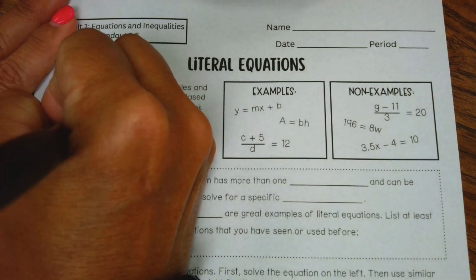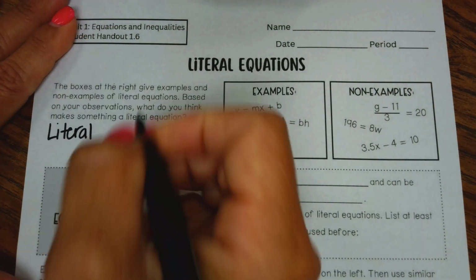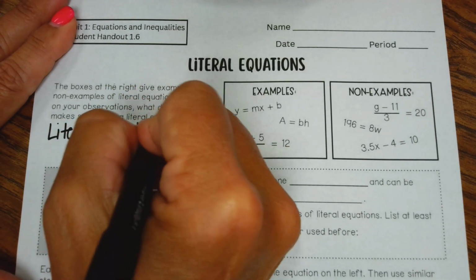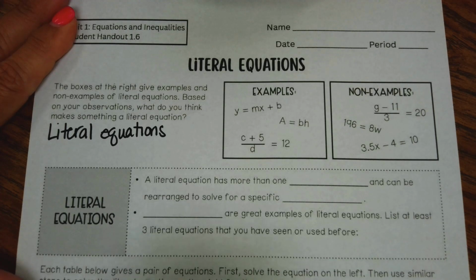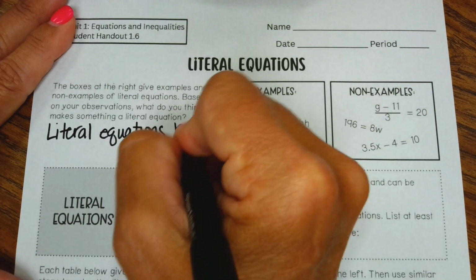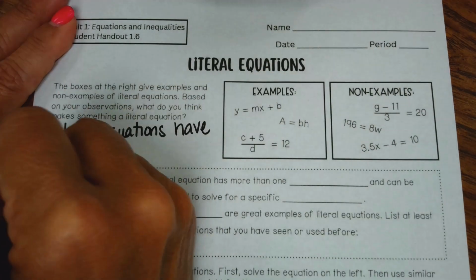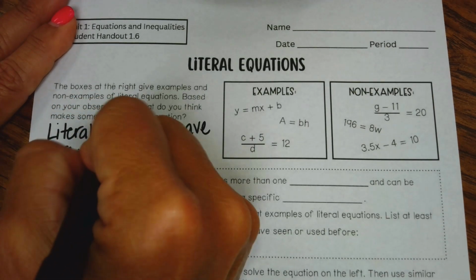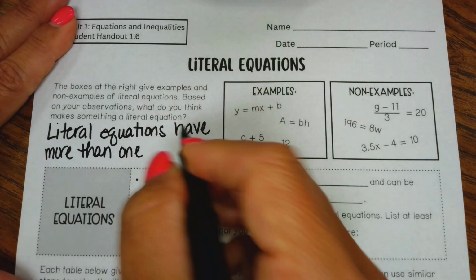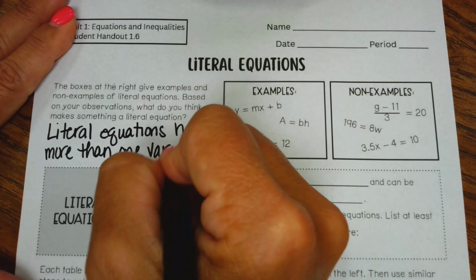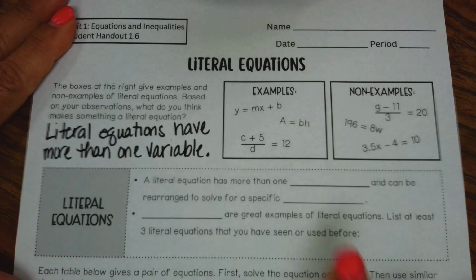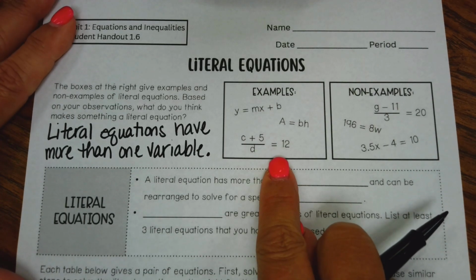Literal equations have more than one variable. Okay, all the examples have more than one variable.